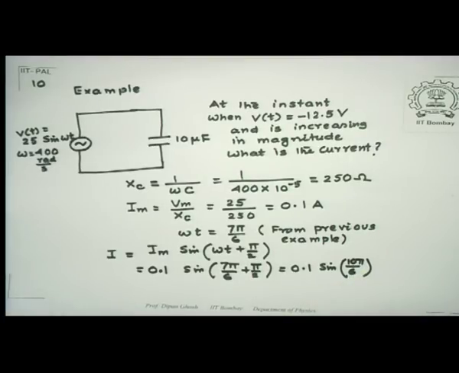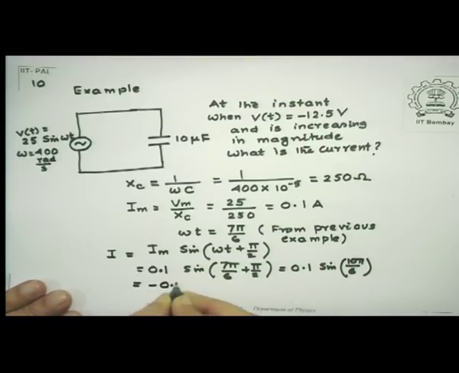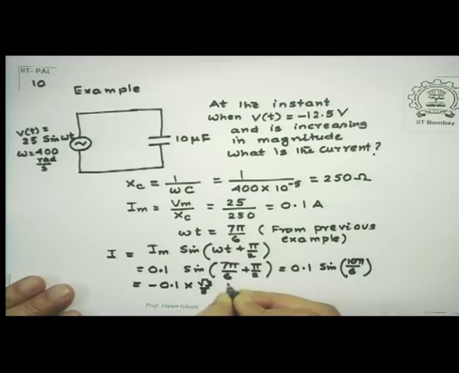The sine of 10 pi by 6 takes it to the fourth quadrant. So therefore, I will get a negative value of the current, and that would then be equal to minus 0.1 into square root of 3 by 2, that's equal to minus 0.085 amperes.